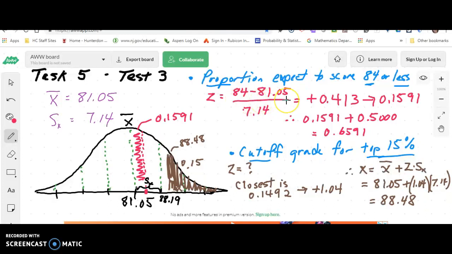We get a difference between those, and then we divide by the standard deviation. That gave us a z-score of positive 0.413. That tells us that we are 0.413 standard deviations above the mean, right in this range here.